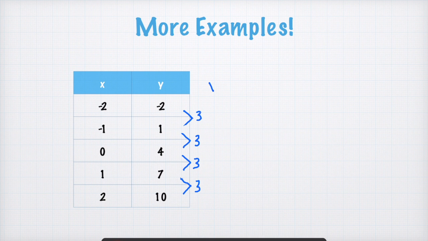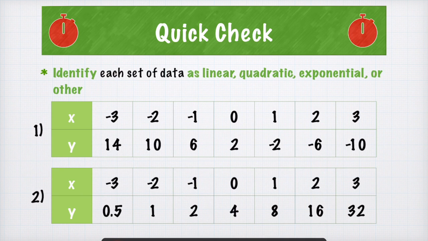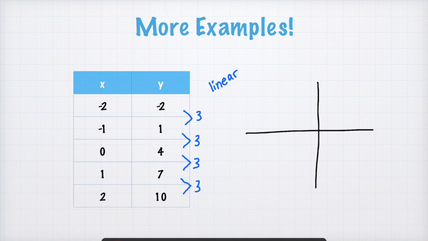So since the first difference is all the same, we can expect this to be linear. What does that look like? Here, let me draw a pretty axis. You'd expect it to look something like that. I don't know exactly where it runs, but that's the kind of thing you'd expect.